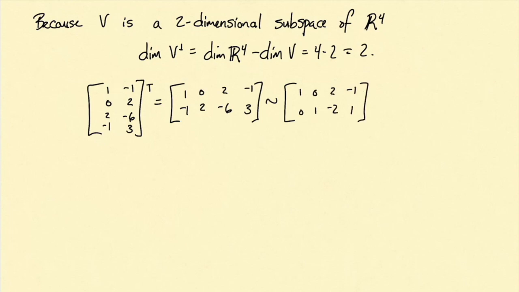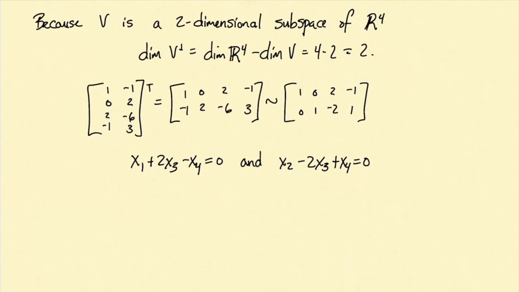So to find exactly which plane V perp is, we just need to observe that it is cut out by the two equations x1 plus 0x2 plus 2x3 minus x4 is equal to 0, and 0x1 plus x2 minus 2x3 plus x4 is equal to 0. So we can see here that V perp will indeed be a plane, since it is a two-dimensional subspace of R^4.